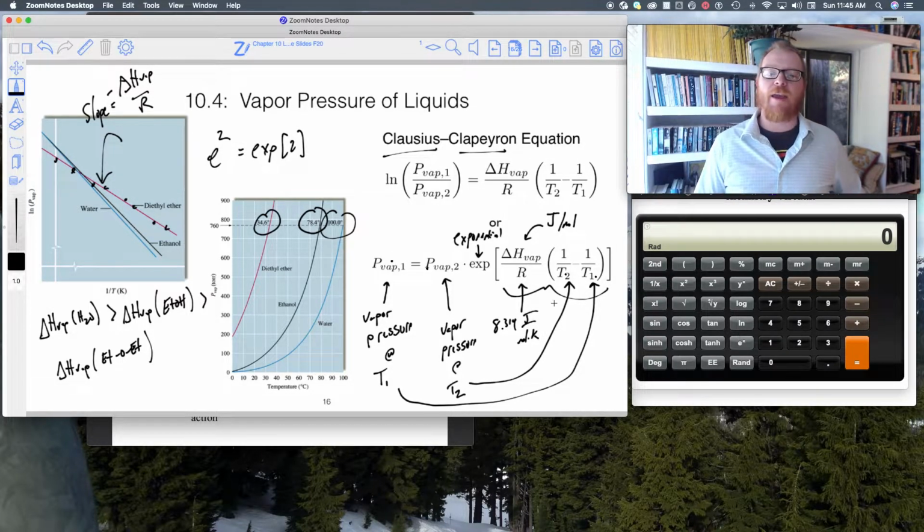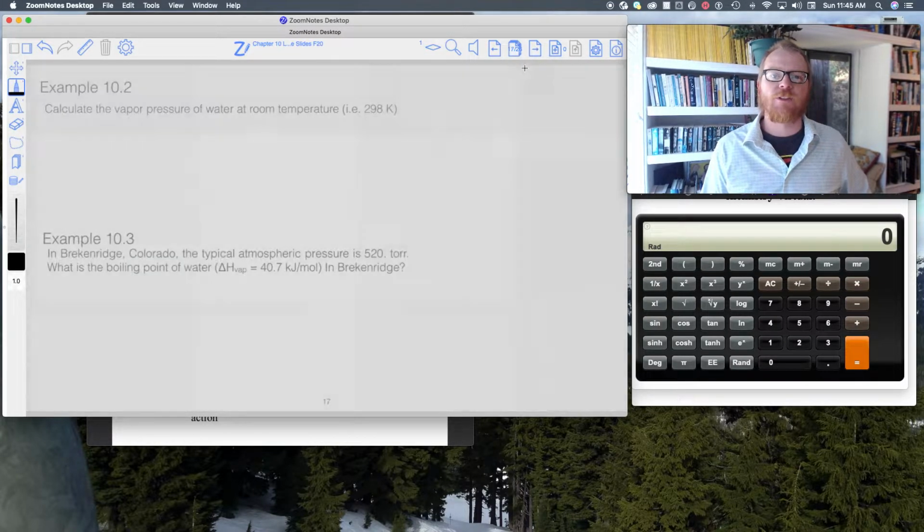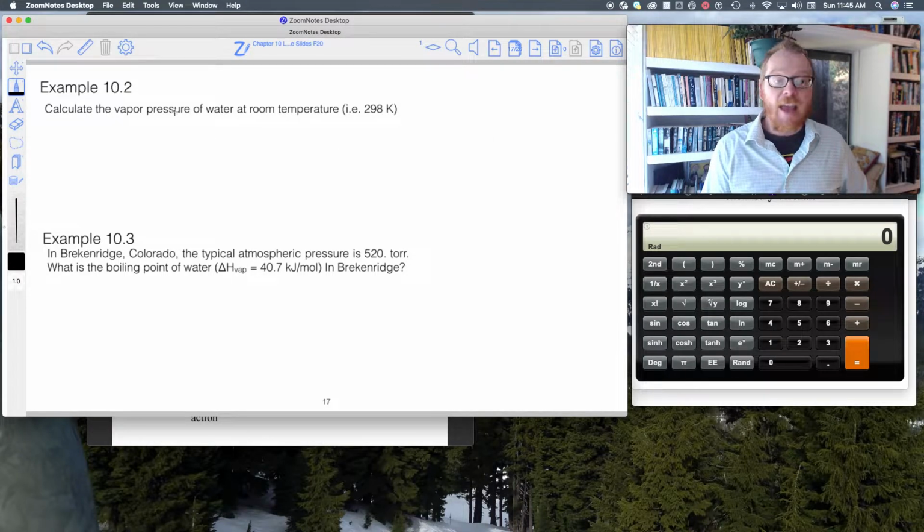And then if I wanted to know the vapor pressure at another arbitrarily selected temperature, then I can choose that. And really, I would probably want to choose P1 as my unknown, just because of the way this equation is written out. So let's do some examples. Calculate the vapor pressure of water at room temperature, 298 K.